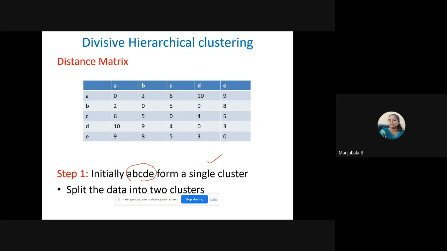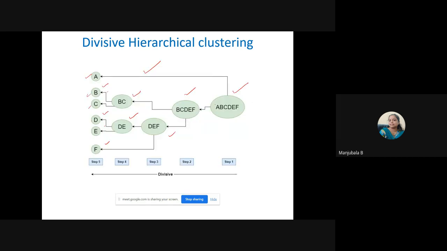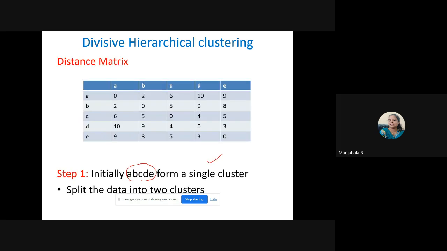Now how do we split this into two clusters? You do this in step 1. After splitting, you again follow the same procedure for each cluster formed. Now let us see how this works.